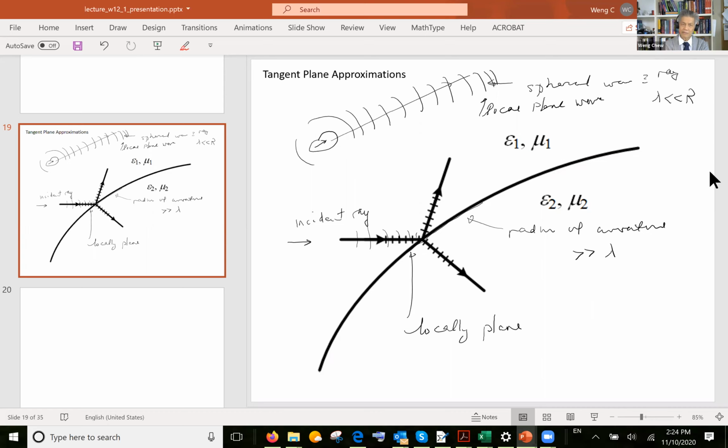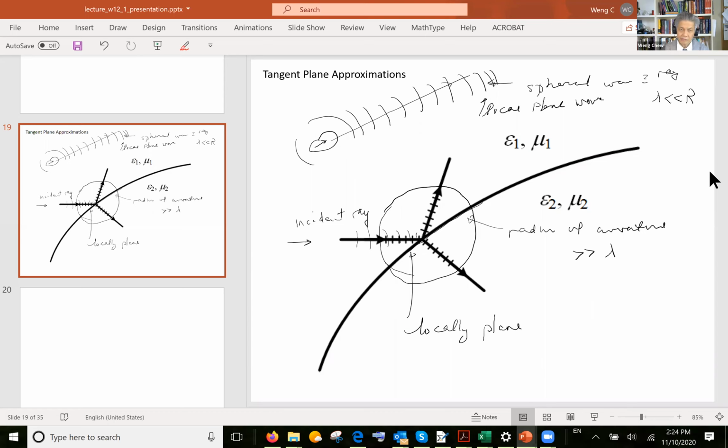By the time that ray reaches the surface, it becomes locally a plane wave. But you can only think of it as a local plane wave if you confine yourself to observation points that are small compared to the radius of curvature, in a region where the wavelength is small compared to the radius of curvature.